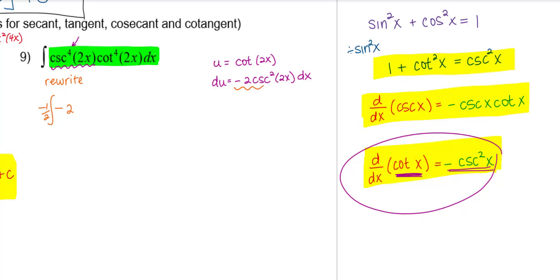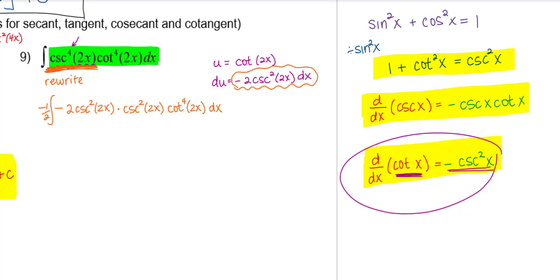The reason I know to do that is because I'm trying to make sure that my du is in my integrand. So I've got the negative 2. I'm going to split up these cosecant to the fourths, and say it's cosecant squared of 2x times cosecant squared of 2x, because if I multiply those together, I just get cosecant to the fourth. And then I have times cotangent to the fourth still of 2x dx.